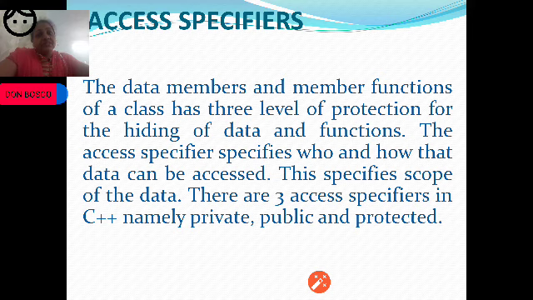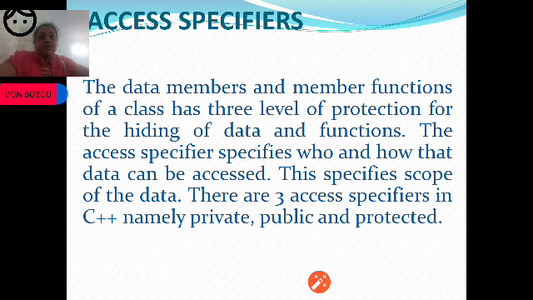As discussed in the earlier classes, the data members of a class can be accessed only by the member functions which are defined within the same object. That means the data cannot be directly accessed by other objects. That concept is called data hiding or data encapsulation.